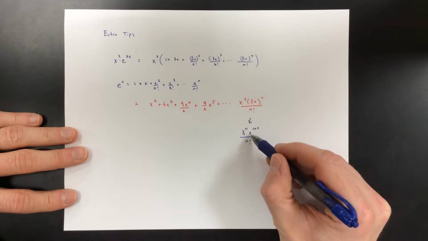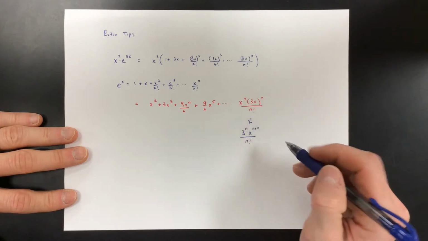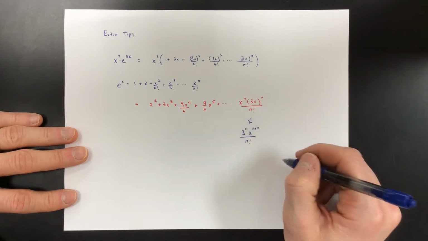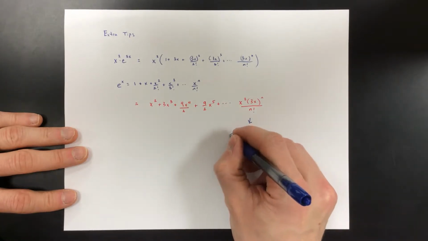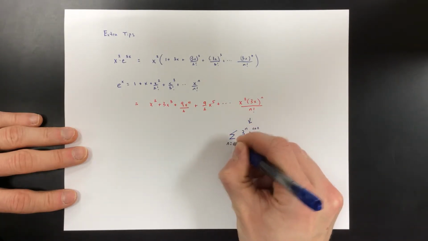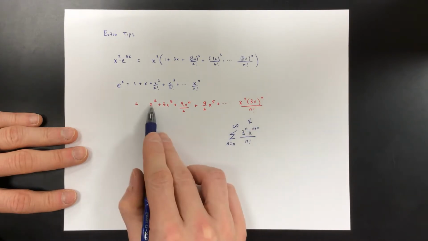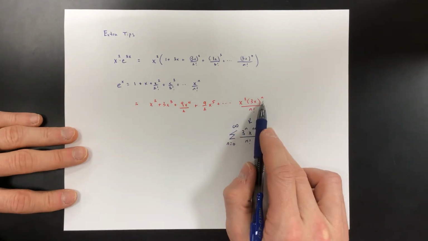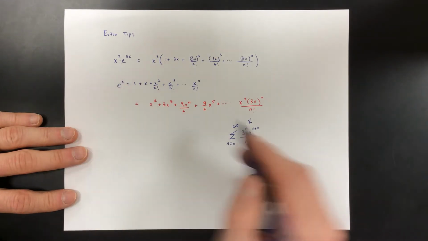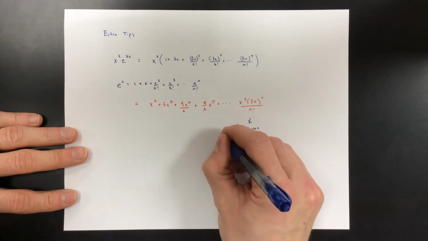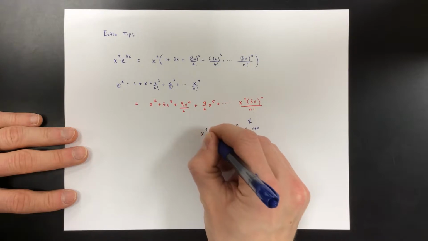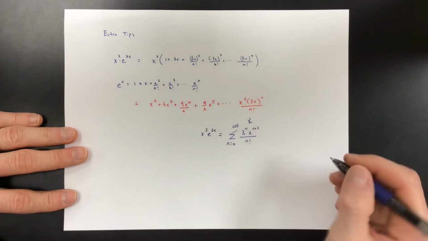This is just 2 extra factors of x. The general term is really important because you want to be able to use the sigma notation, because now this big thing describes this infinite series, which is equal to this.